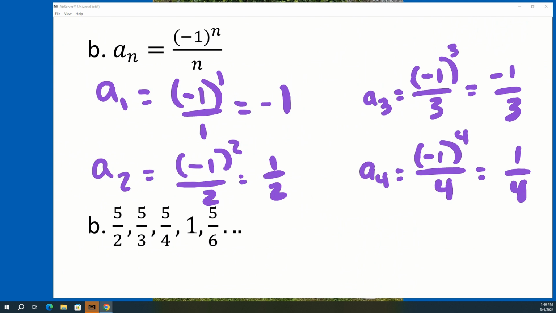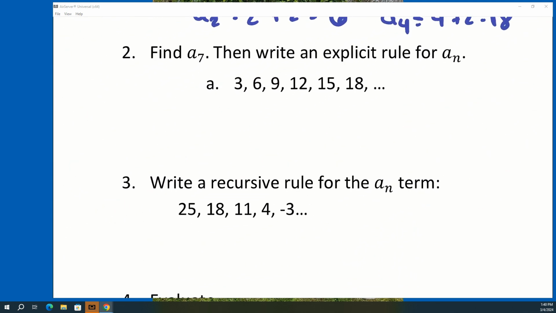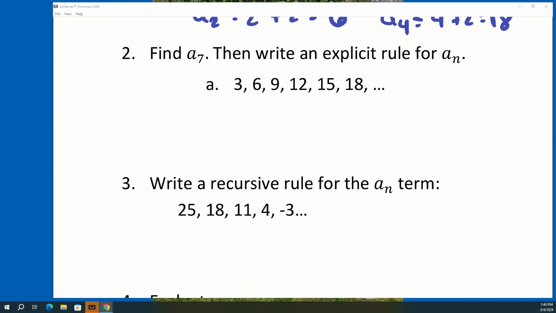All right, so for number 2, we are going to find the 7th term. That's what a sub 7 means. And then we're going to find the explicit rule. So to get the first term, I'm going to plug 1 into something, and I'm going to get 3. And then I'm going to plug 2 into the same thing, and I'm going to get 6. I'm going to plug 3 into the same thing, I'm going to get 9.